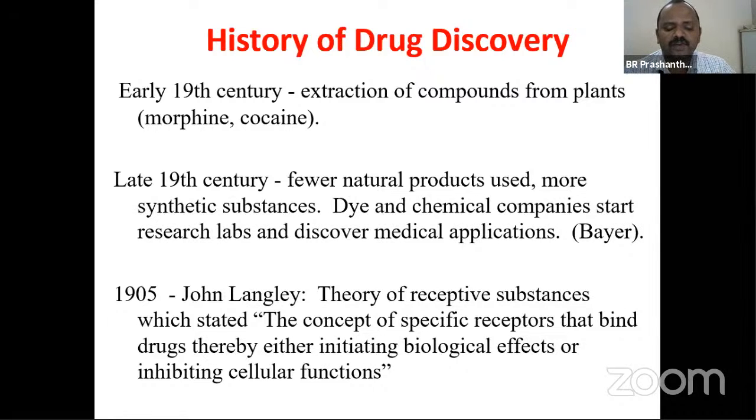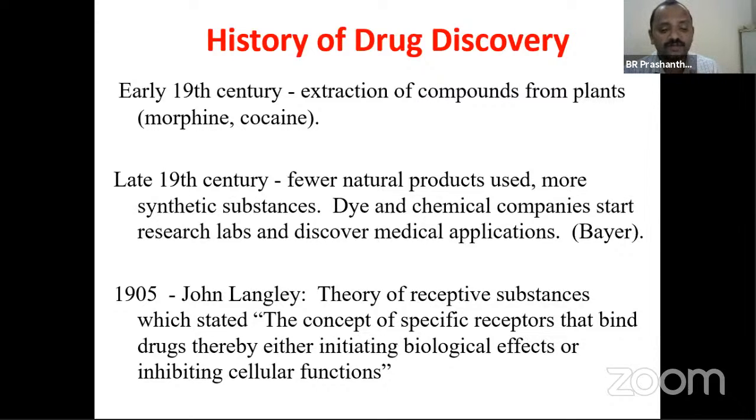But when we moved from the 19th century to the 20th century, just in the beginning of the 20th century, one scientist, John Langley, makes it very clear the theory of receptive substances, the concept of binding of a drug to the receptor. Drugs will go and bind to specific receptors in our body.